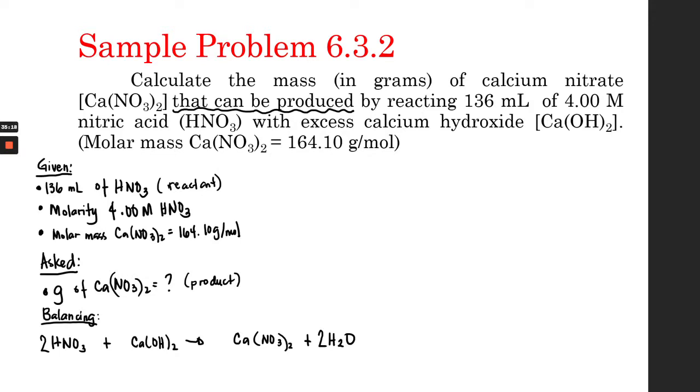I think that is balanced. Yeah, that is balanced because you have 2 oxygen here and another 2 oxygen here. So, okay, you now have your balanced equation. Let's go for the solution.